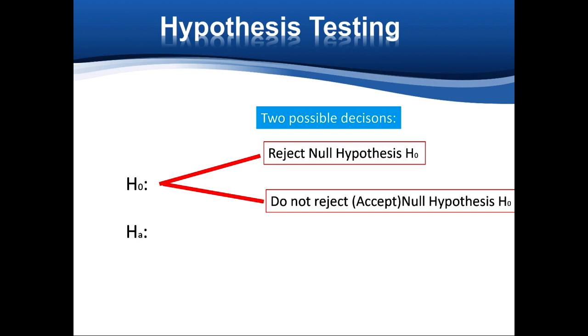Of H0 and HA, only one statement is true. So if you reject H0, it means you support HA.